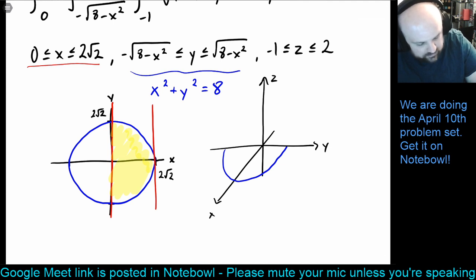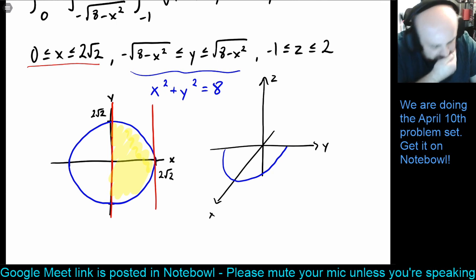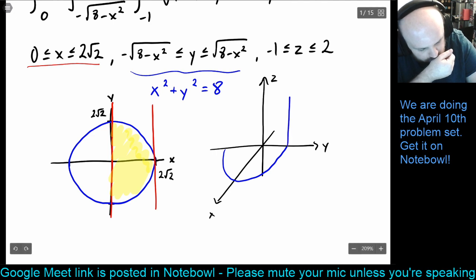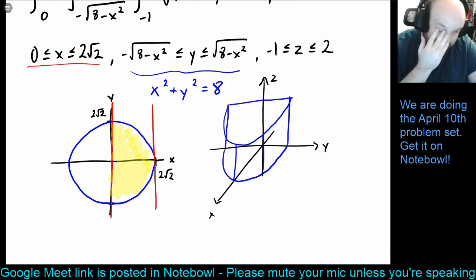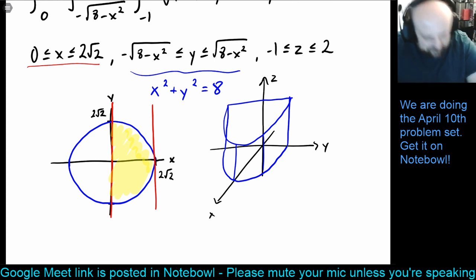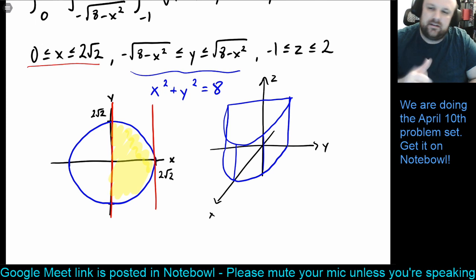Probably more like that. This is hard to do. Okay. I'm very bad at doing this. But what we have is kind of like a half of a cylinder of height 3, basically.